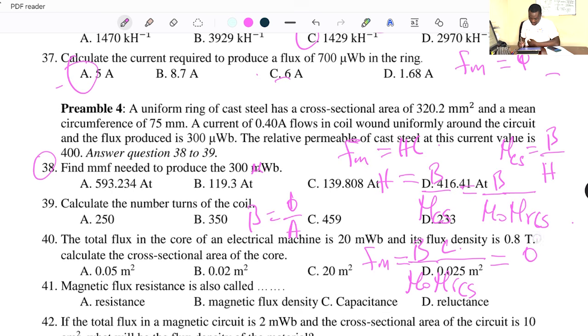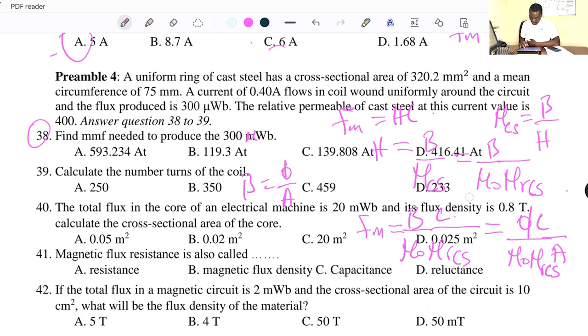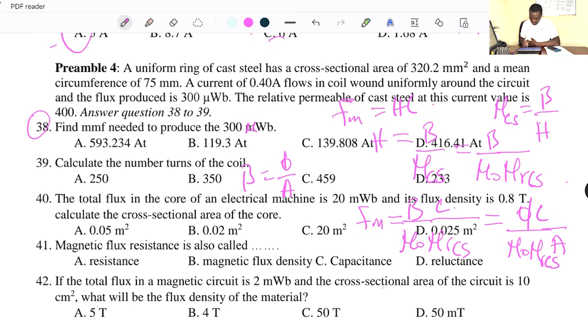It will just be flux times length over the absolute permeability times area. So we get this straightforward. Just do replacement: the magnetic flux is 300 micro, and the length is 75 millimeters.